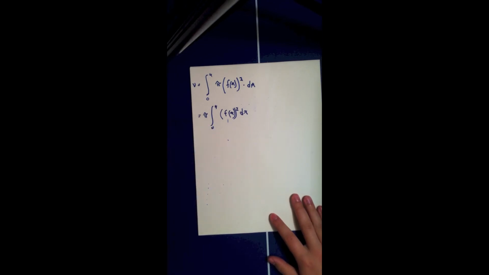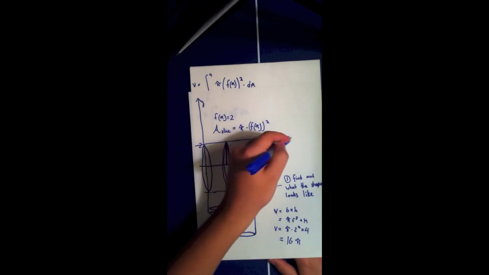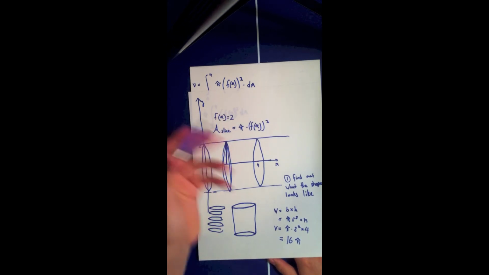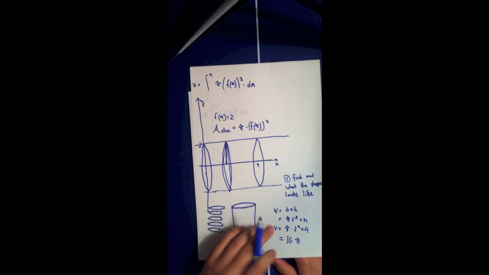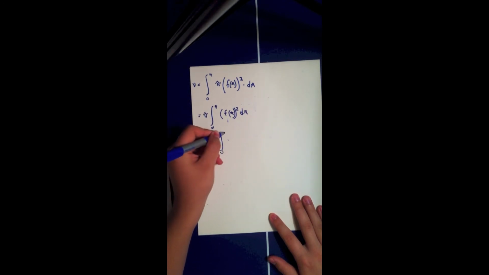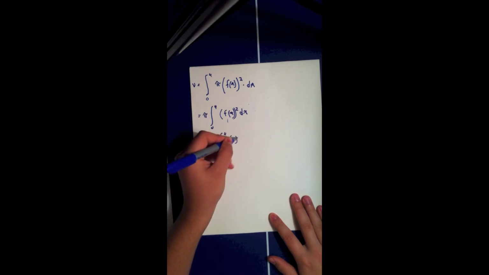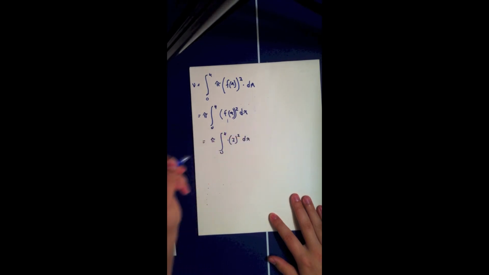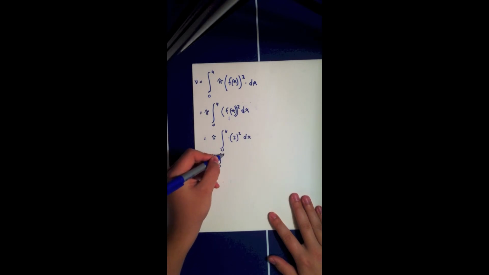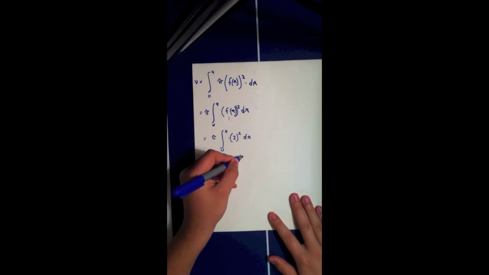We know that f of x equals 2, so we can just substitute in the function. If f of x was like 15x squared, we'd substitute that in. But in our case f of x is 2, so we write pi times the integral from 0 to 4 of 2 squared dx, which is the same as pi times the integral from 0 to 4 of 4 dx.